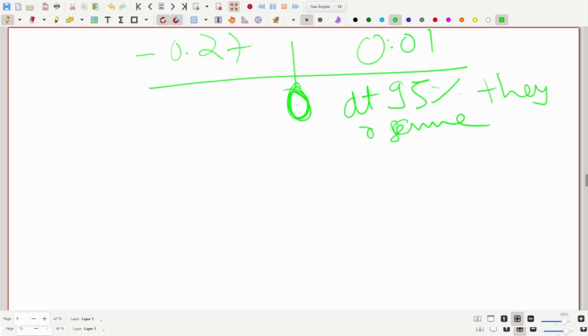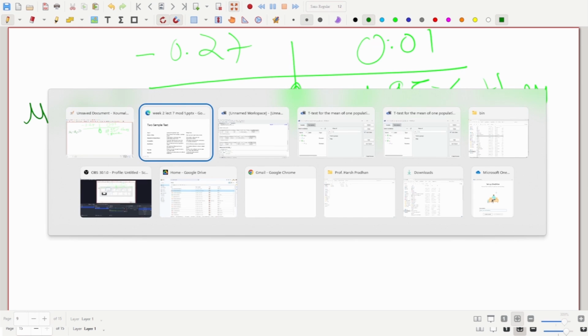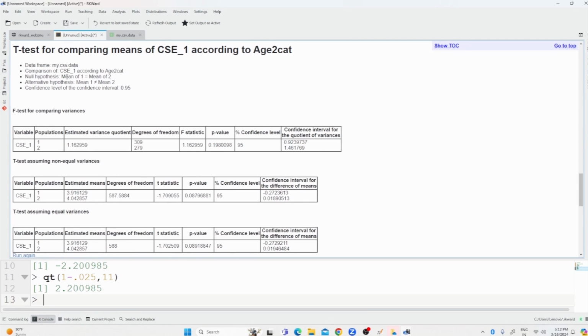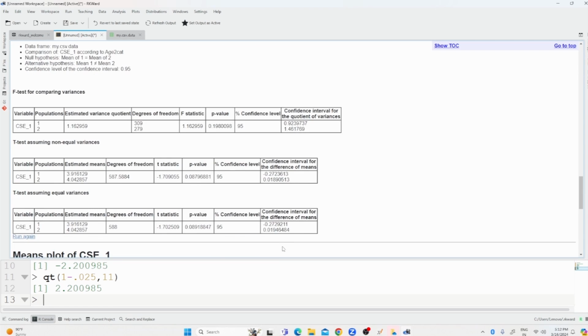What is the null hypothesis of the independent sample test? That mu1 minus mu2 is equal to 0, and that we can check here also. See, mean of this is this, or mu1 minus mu2 is equal to 0. Okay. Hence, we find out.